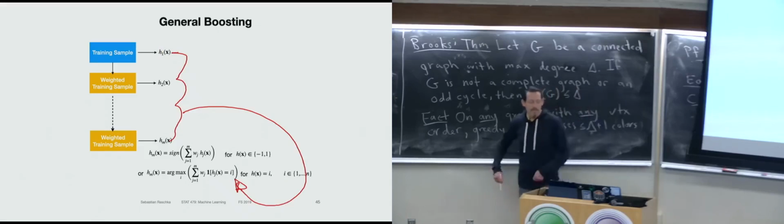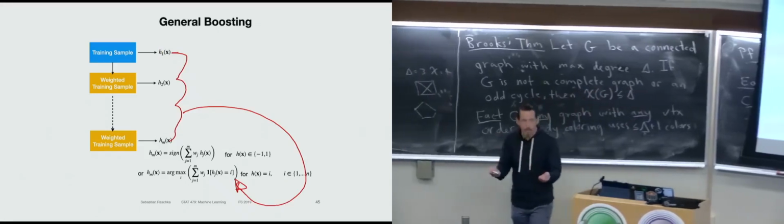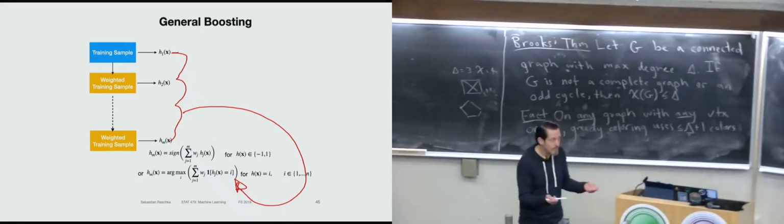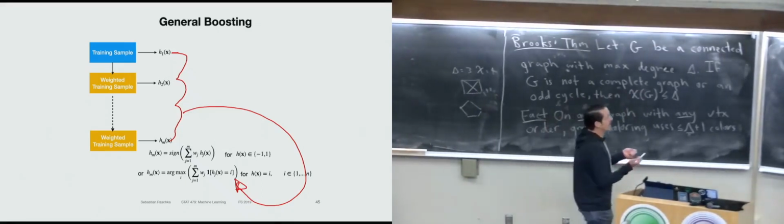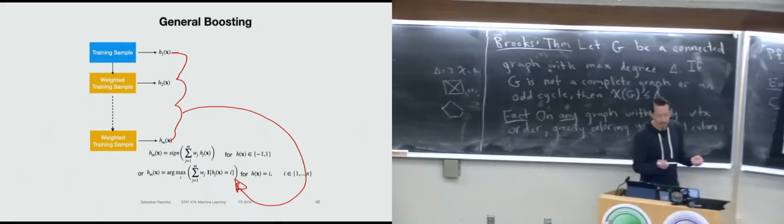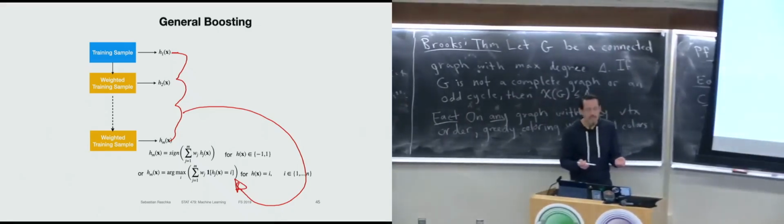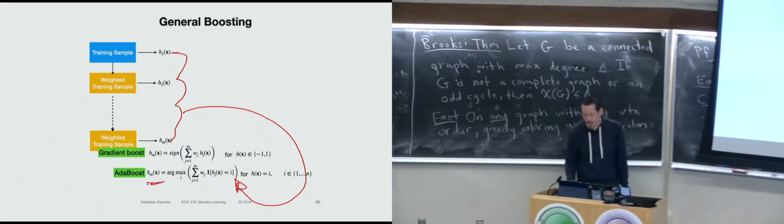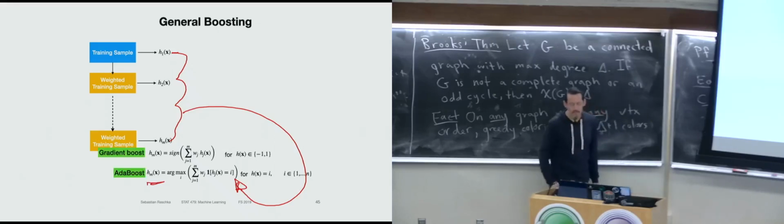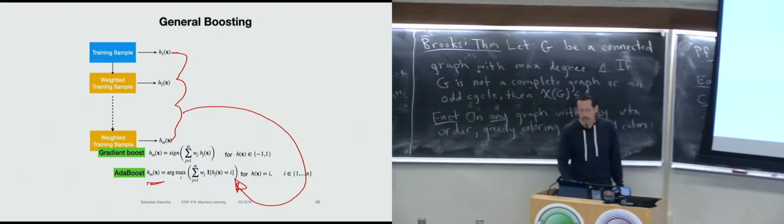Whatever they give me a test data point, run it through all the classifiers in the ensemble. And I'm going to weight each classifier according to its misclassification error in the case of AdaBoost, right? AdaBoost just says, how much do I believe this guy?